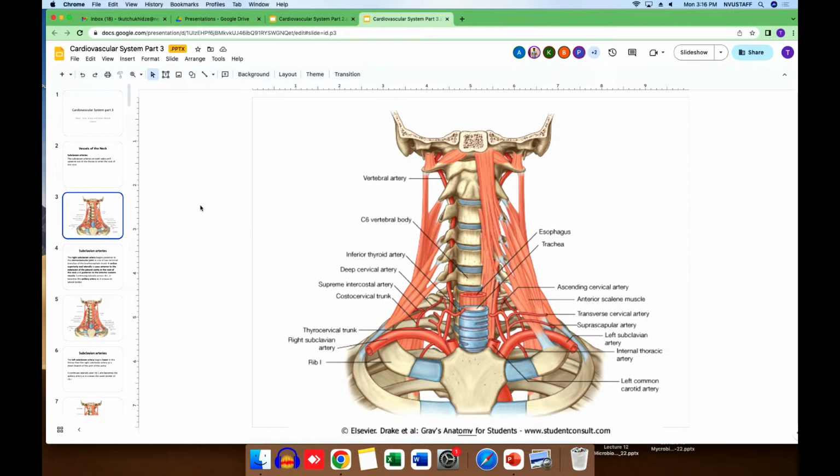So, our vertebral artery has a huge way it is going and supplying the whole cervical vertebrae, right? And plus, we should not forget that this is our first branch.